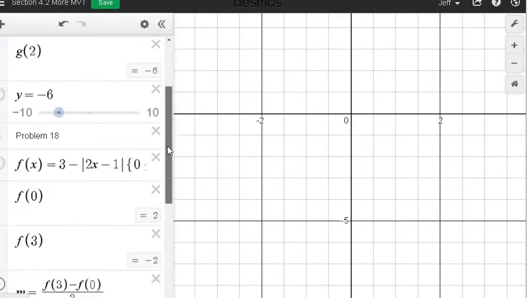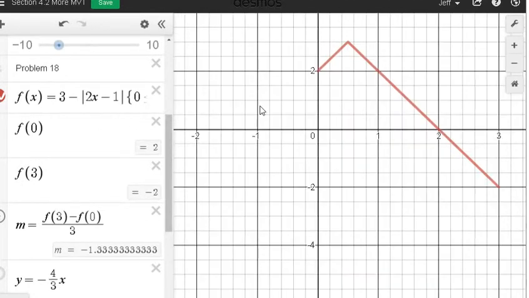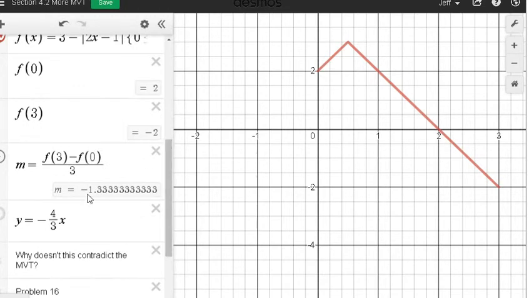So this is the more MVT link, and graph these points. So I just graphed this for the interval of 0 to 3, which is where we're interested in. And I think I'm going to have a hard time finding a line with a slope parallel to negative 4 thirds.